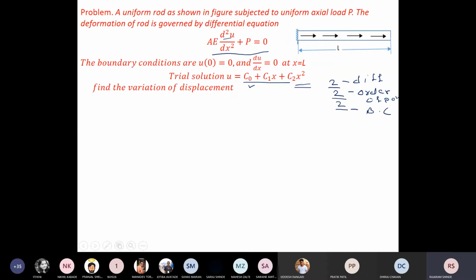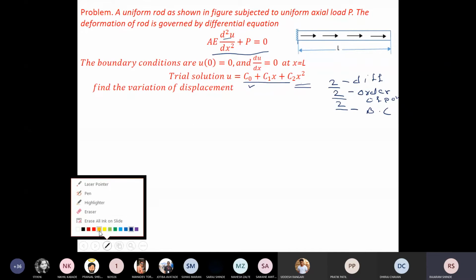Okay, if it is not given in the problem, you have to remember this. So here boundary conditions are given, the differential equation is also given, but there may be a possibility that you have to select the trial solution. Okay, now how to solve this?